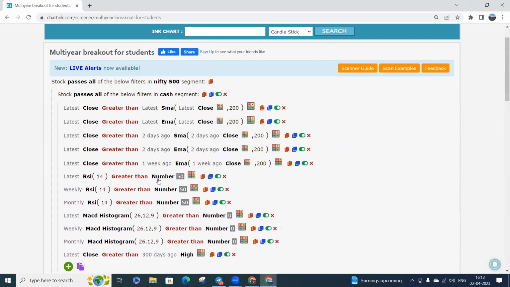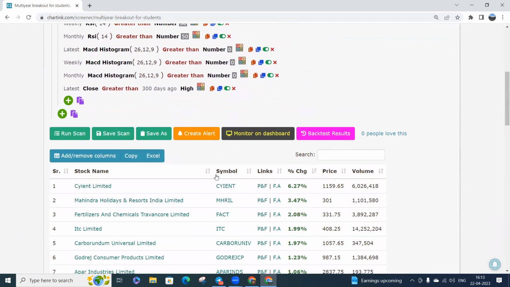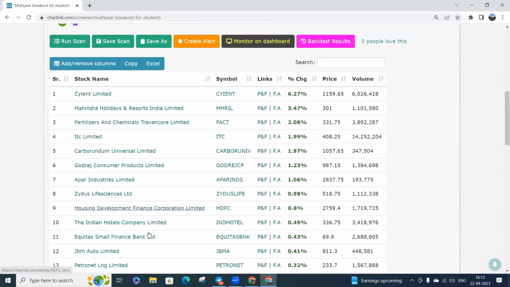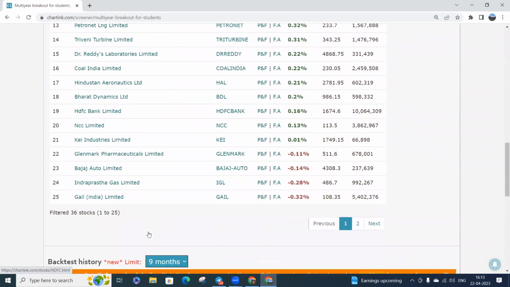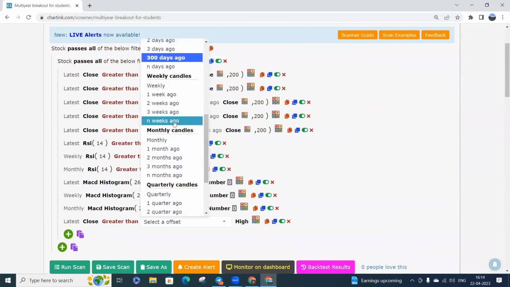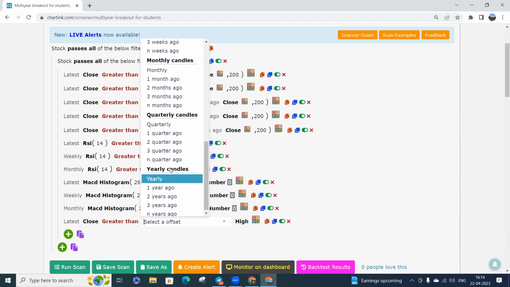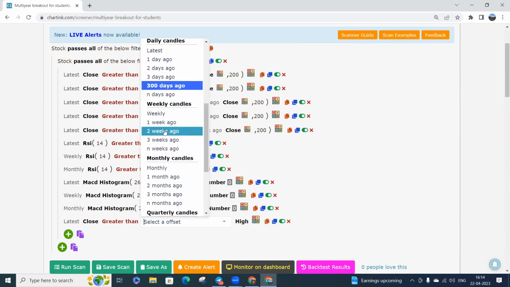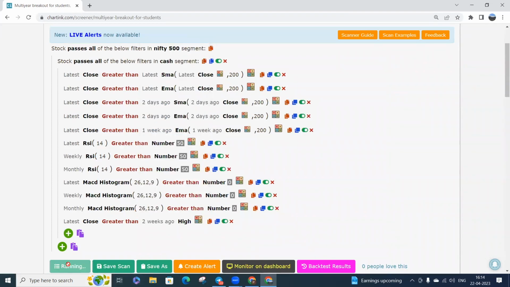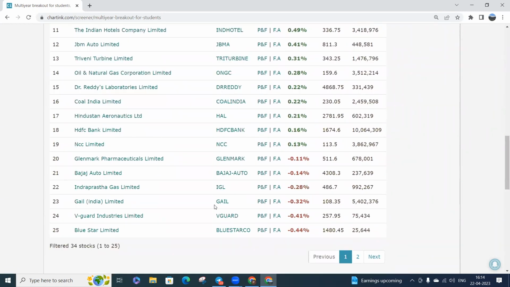When I do that, it'll give me a day which is very nearby. The 300 days ago also needs to be changed. Like last week, 1 week ago, 2 weeks ago. Do that and you get everything here.